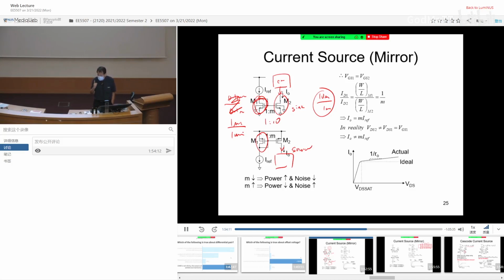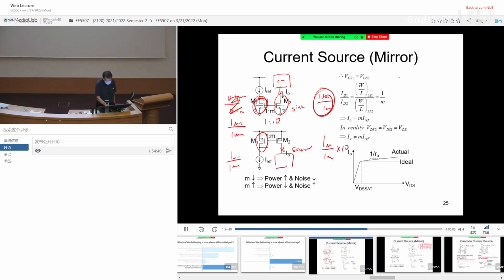But in fact, if you want a really good result, you should actually do this: 1 micron by 1 micron, and this one also 1 micron by 1 micron, but you multiply by 10. That will give you the best result. You should treat it like a twin. If you want 10 times exactly the same twin, they should come out exactly identical. You get the point?